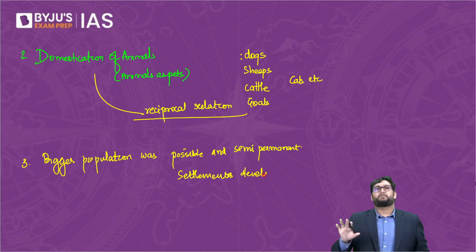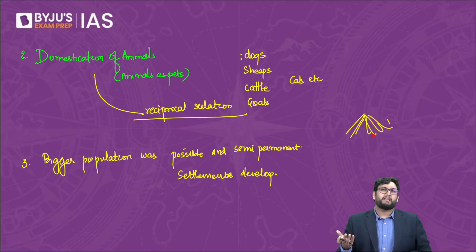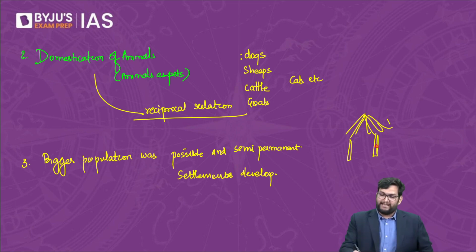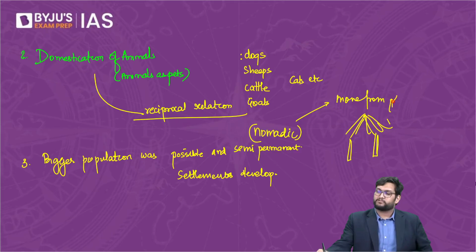Basically, because it's warmer, they can sleep outside. So you have, for example, small hut structures which they make, very rudimentary, basic, but they are nomadic. They are nomadic, which means that they move from place to place. Why do they move from place to place? Why are they nomadic?